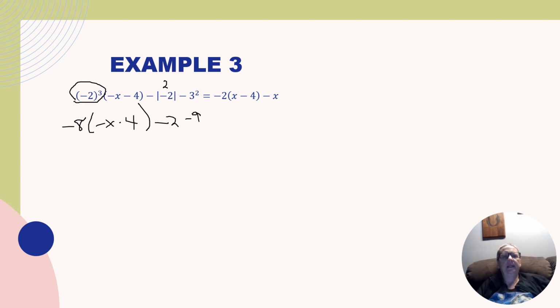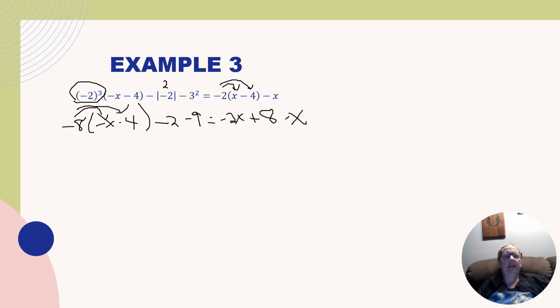And then I have negative 3 squared. 3 squared is 9. And then on this side I can go ahead and start distributing. Don't have to, but it might as well. It doesn't really matter. Negative 2 times x is negative 2x, and negative 2 times negative 4 is positive 8. All right, now I can distribute here.